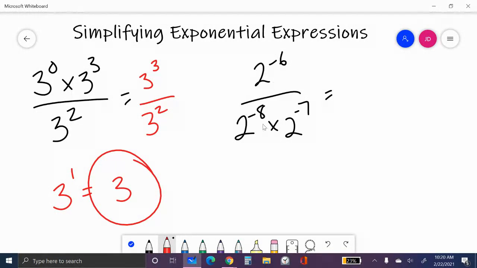Okay, let's take a look at this one. I have to simplify the bottom first. 2 to the negative 8 times 2 to the negative 7 is 2 to the negative 8 plus negative 7, which is 2 to the negative 15th.